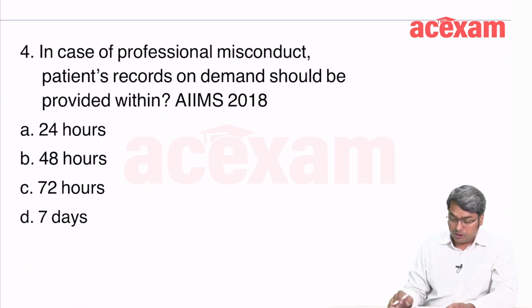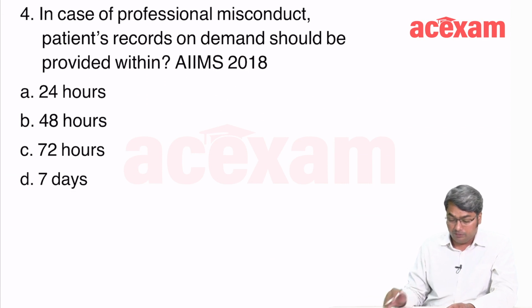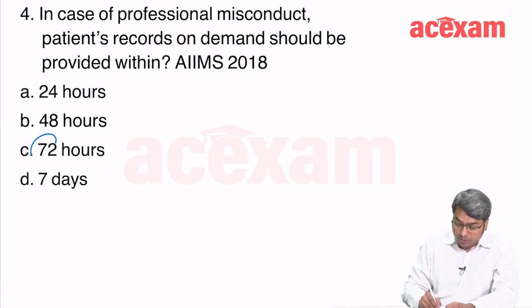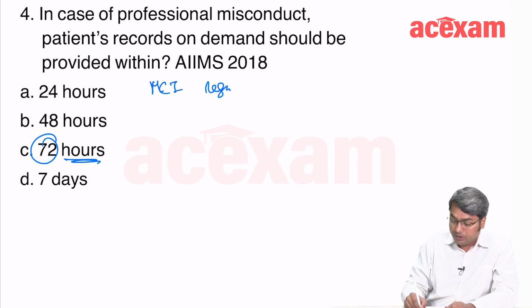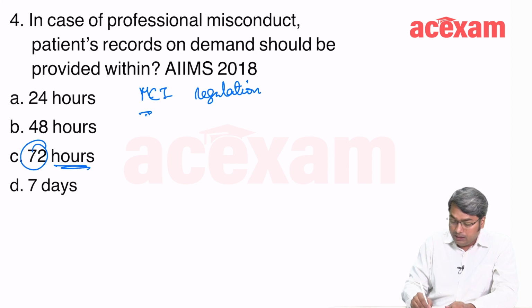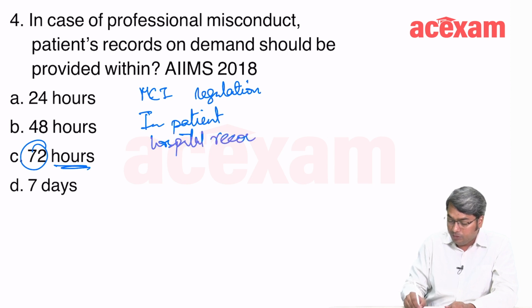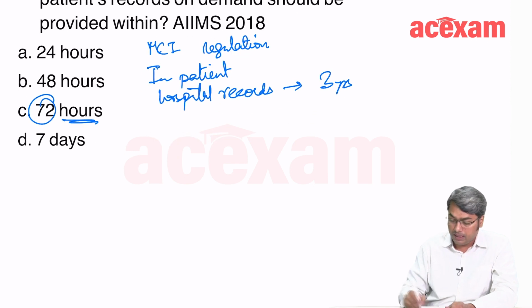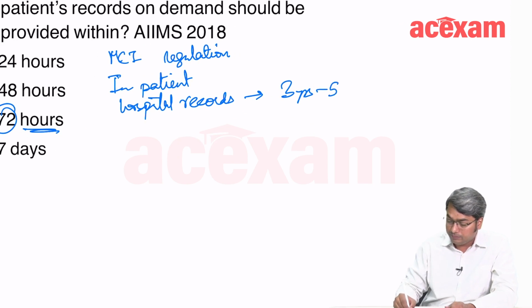In case of professional misconduct, patient's records on demand should be provided within 3 days, as per the MCI regulations. Inpatient hospital records have to be preserved for 3 years minimum, and 3 to 5 years.